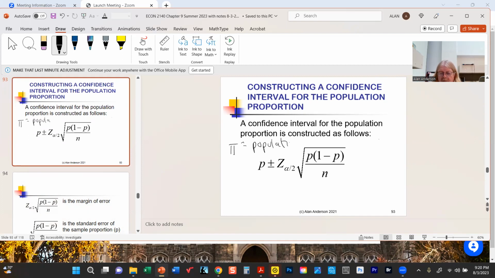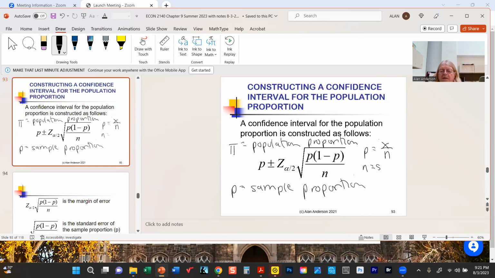And lowercase p is our sample proportion. Which can be calculated as x over n, where n is the sample size, and x is the number of elements.